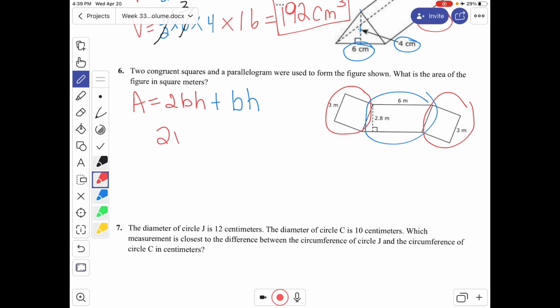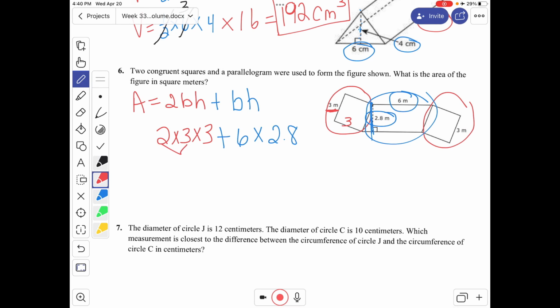Then we can plug in our numbers. 2, and the measurement on the square is 3, and the other measurement, well, it's a square, so all the sides are going to be 3, plus the base of the parallelogram is 6, and the height, remember the height has to be at that right angle, 2.8.